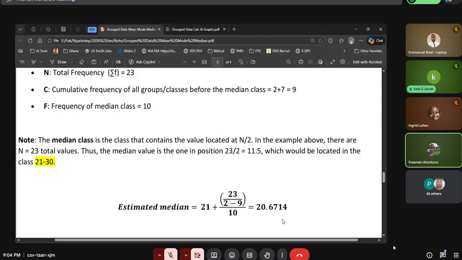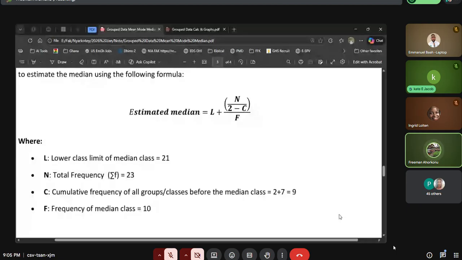And F is the frequency of the median class. When you put all together, you are going to get a value that will represent all the data you collected, ranging from 1 to 50. You are going to get just one number that will be considered as the central tendency.